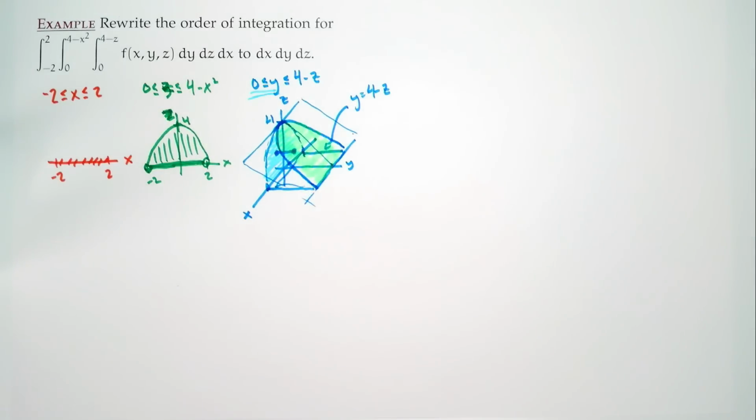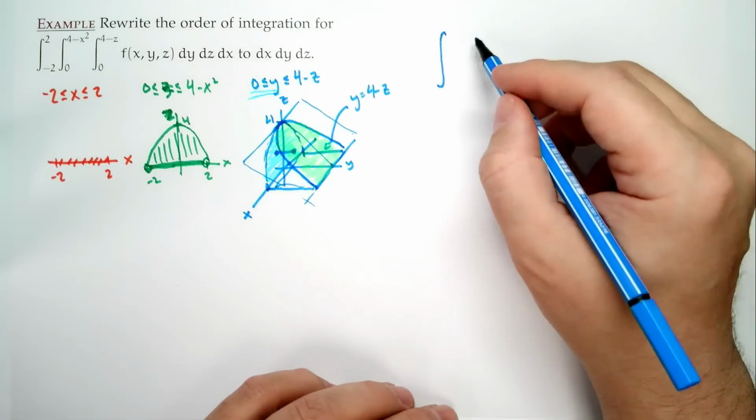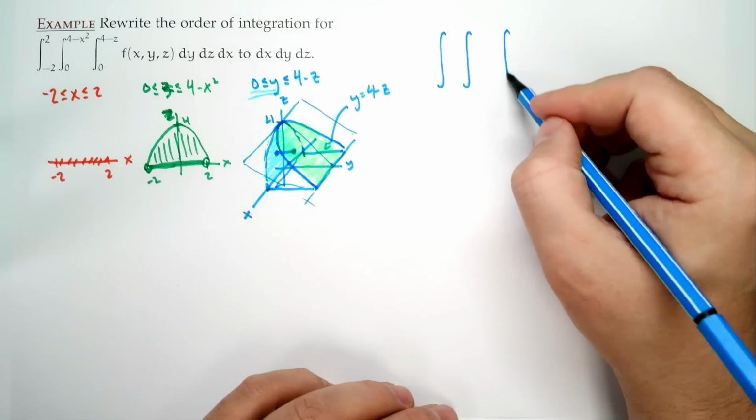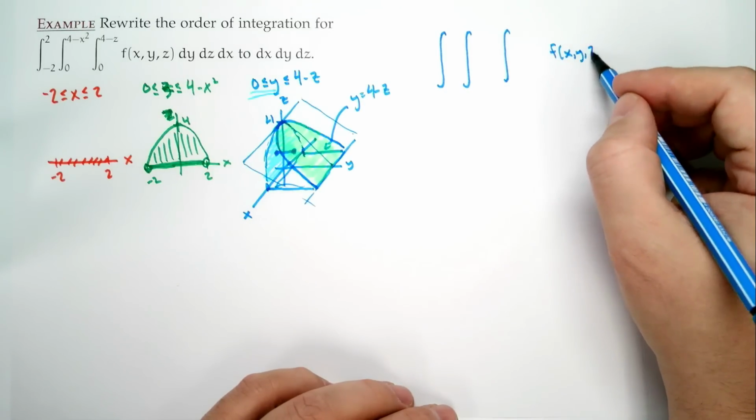All right, so now we have our shape. Well, that's pretty good. That helps a lot. So we can start moving towards setting up our new bounds. So curves, surfaces, f of x, y, z.